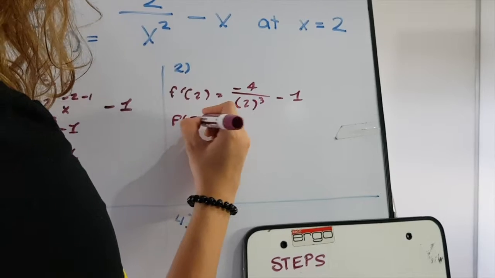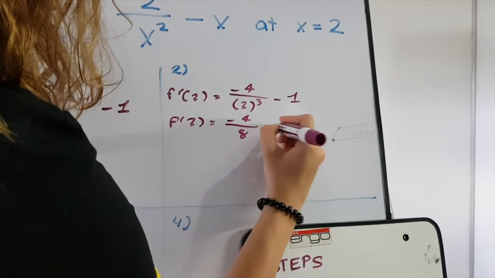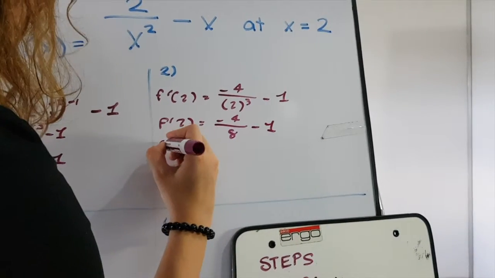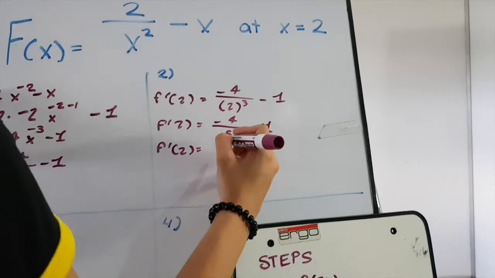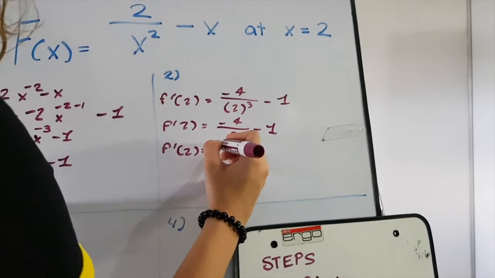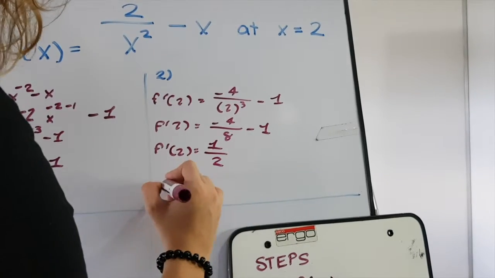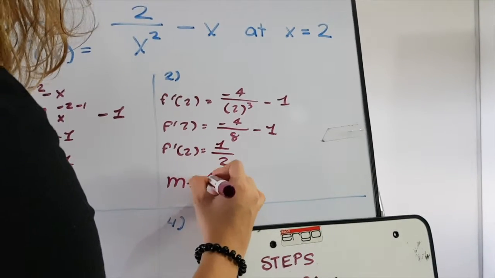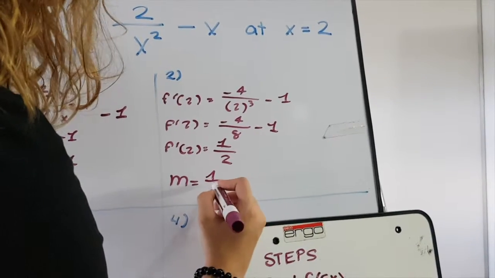F prime of 2 equals negative 4 divided by 8 minus 1. F prime of 2 equals 1 divided by 2. This is the m for the function y equals mx plus b.